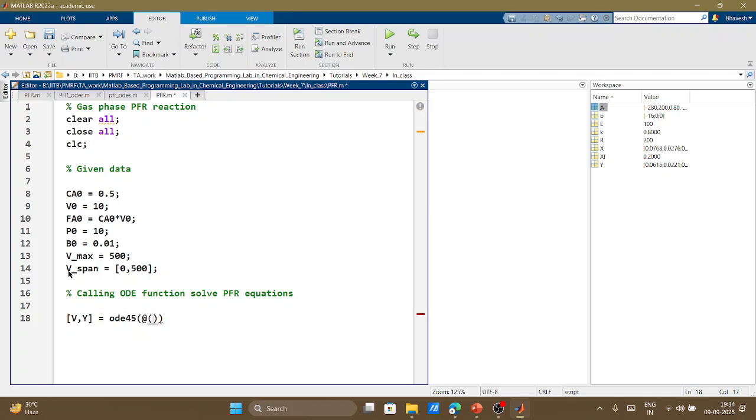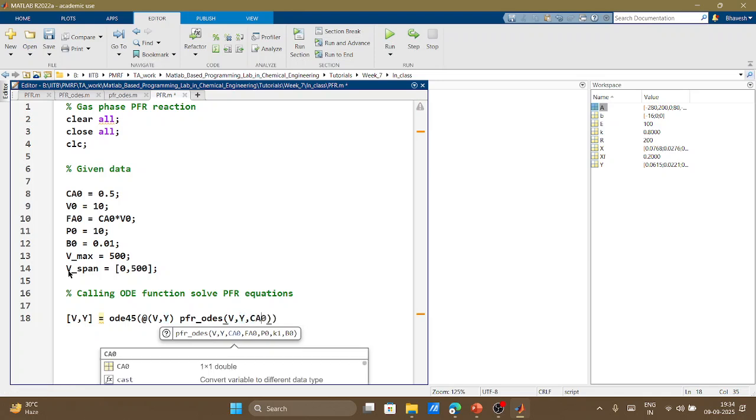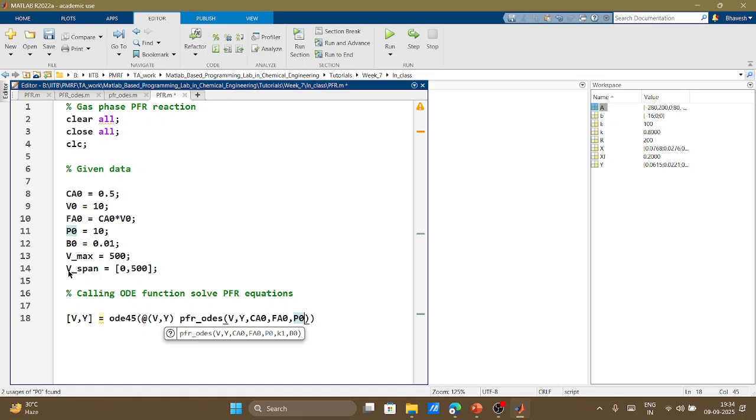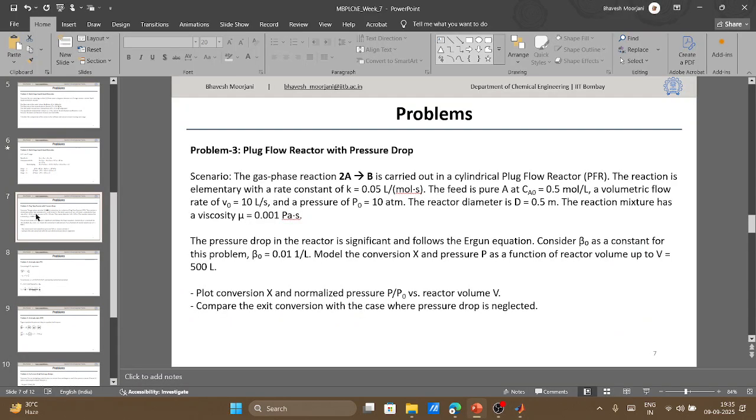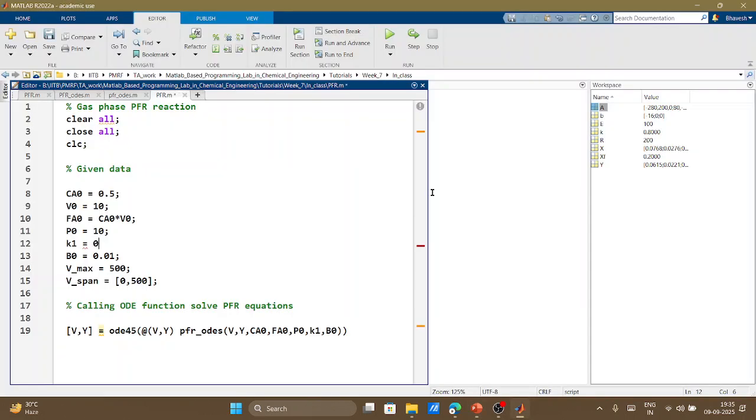My function is with respect to V, y, PFR ODEs. For PFR ODEs we need V, we need Y, we need CA naught, we need FA naught, we need P naught, K1 and beta naught, right? K1 value I haven't specified, right? K1 is 0.05.